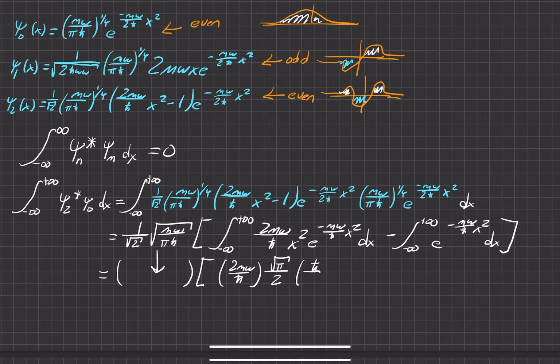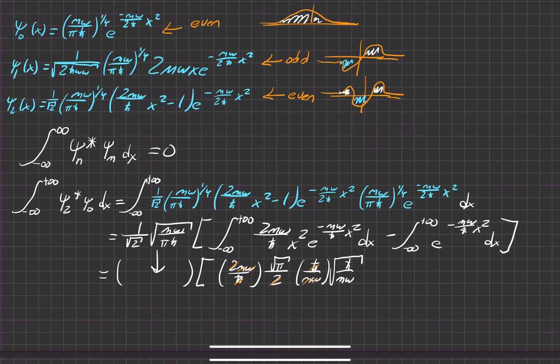I wouldn't recommend memorizing this right now. Over time, you'll get to know this integral as well. Then it's going to be the square root of what's inside there, which is h bar over m omega. So we'll mark off our like terms.